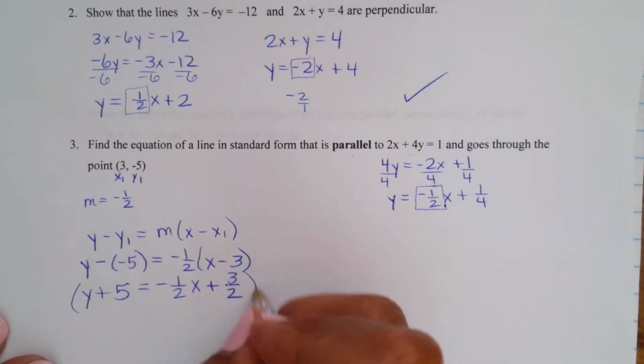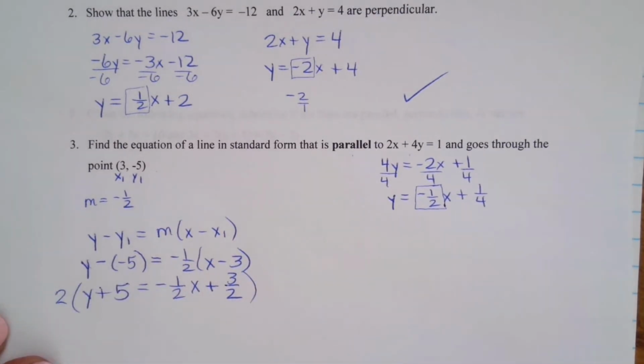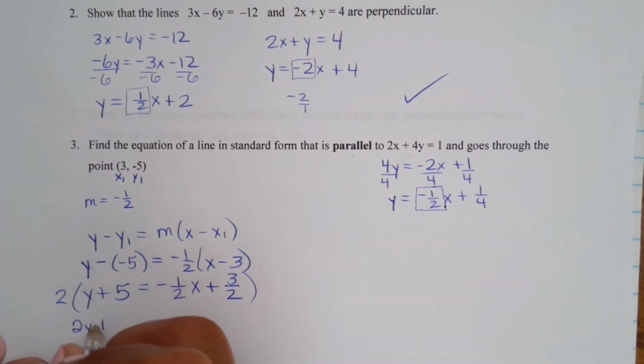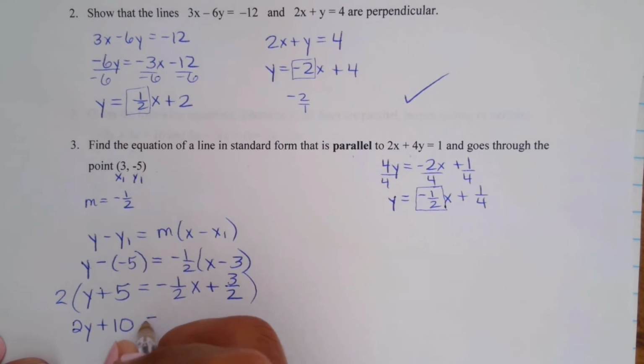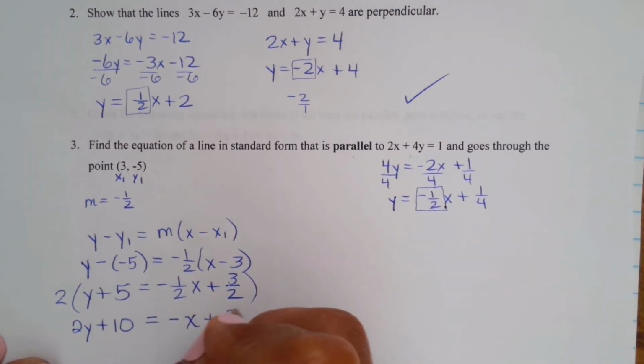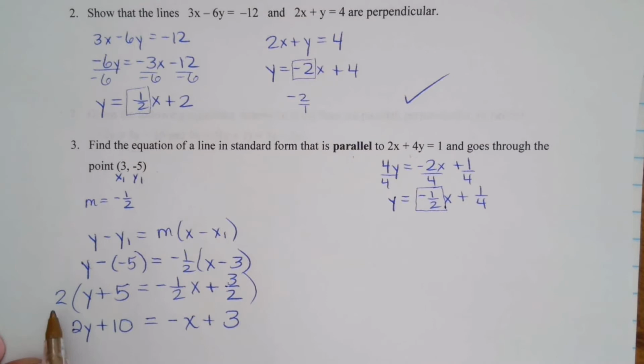We're going to multiply every term by the common denominator, which is 2. Multiply everything by 2, so that's 2y plus 10 equals, and then these 2's are going to cancel out, so we're ending up with -1x, which is just -x, plus 3. Okay, so I multiplied this by 2, multiplied this by 2, multiplied this by 2, and multiplied this by 2.